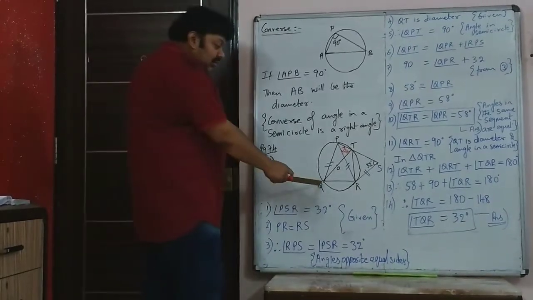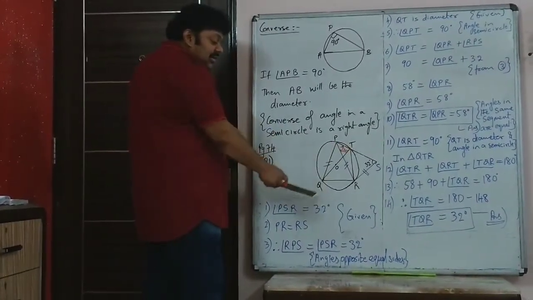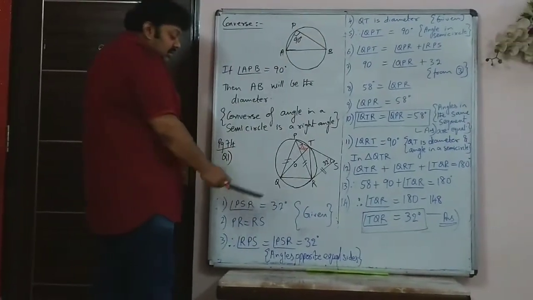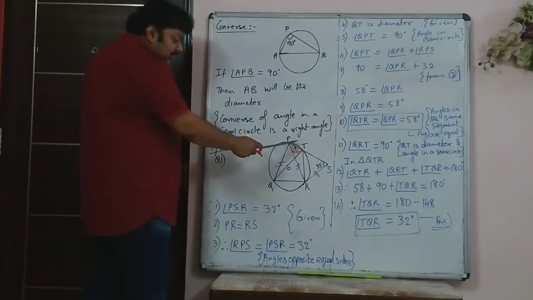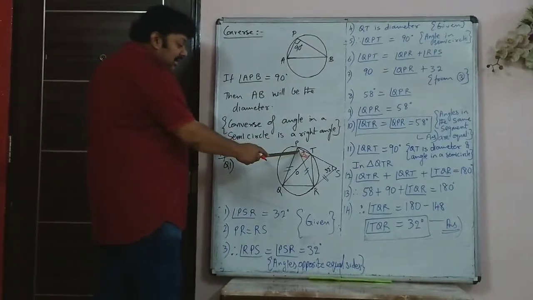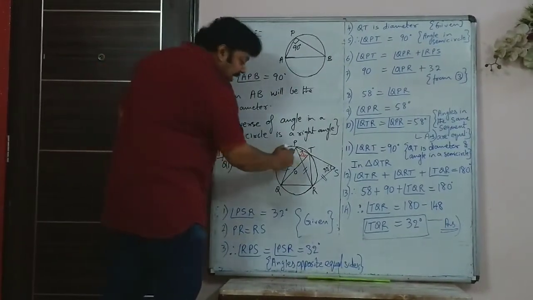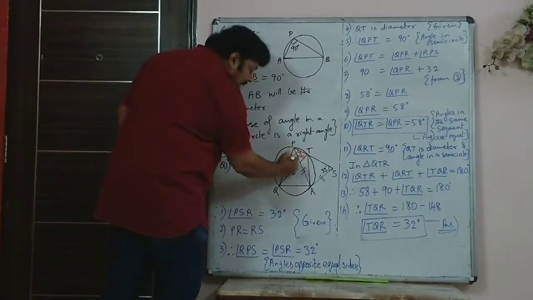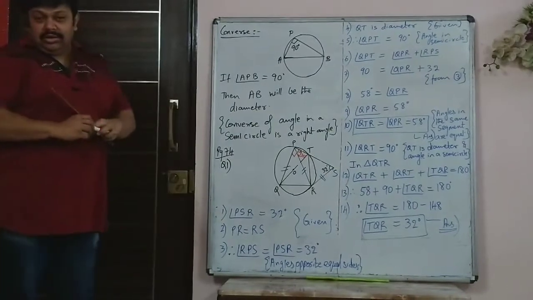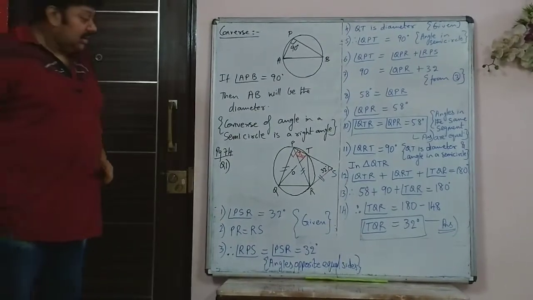Now QT is the diameter because it is passing through the center. So that is given. So angle QPT will be 90. This entire angle will be 90 degree, and out of that, one part was 32 degree. So you had written one angle is 32 degree.